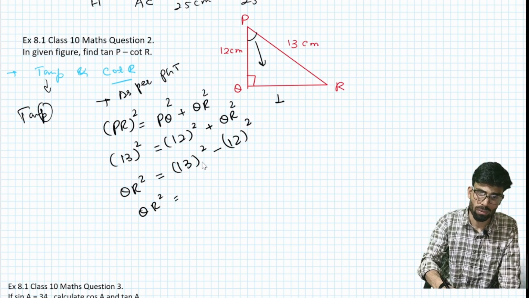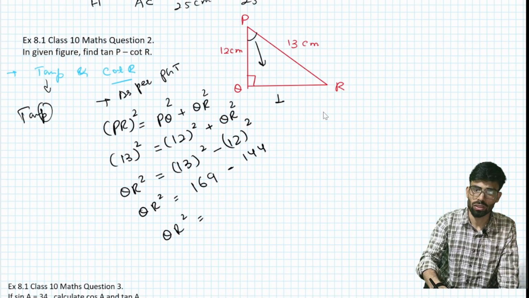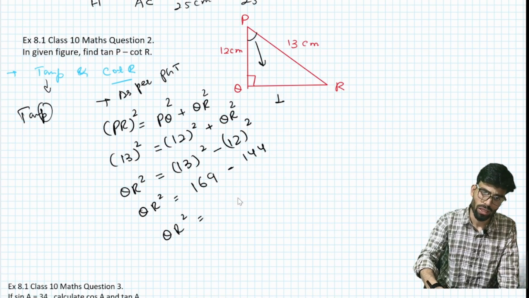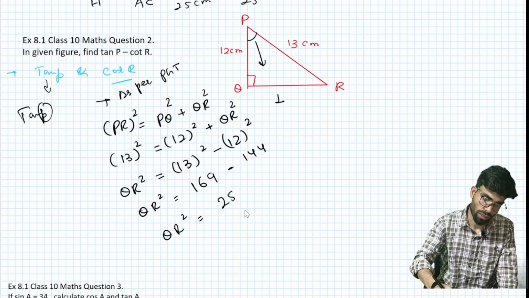QR square will be equal to 13 square, which is 169, minus 12 square, which is 144. If we subtract these two terms, it comes to 25.